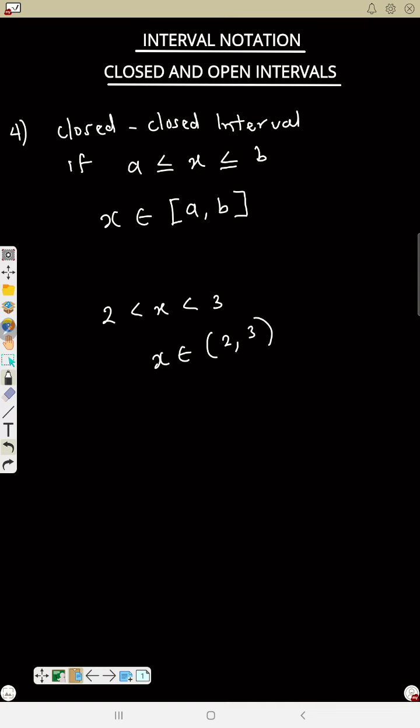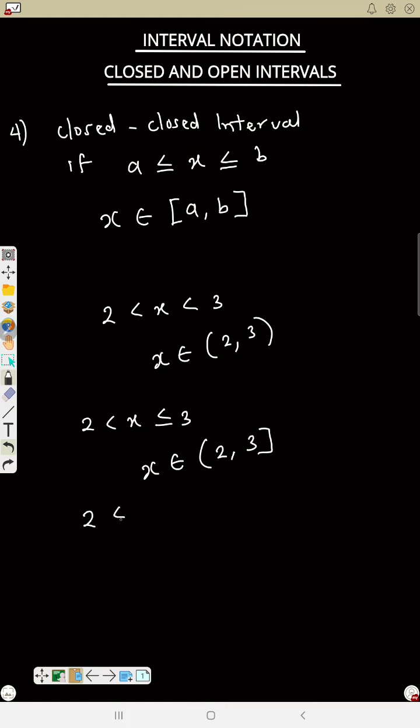Again, I also say open closed interval. That will be like 2 is less than s and s is less than or equal to 3. That means s is a member of (2, 3], I'm using this bracket because it is open, comma 3, and this because it is closed.